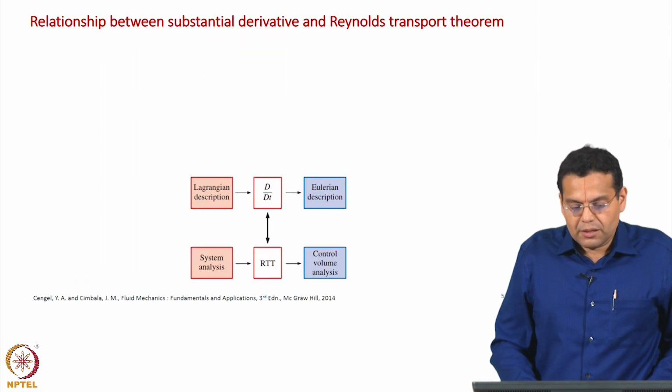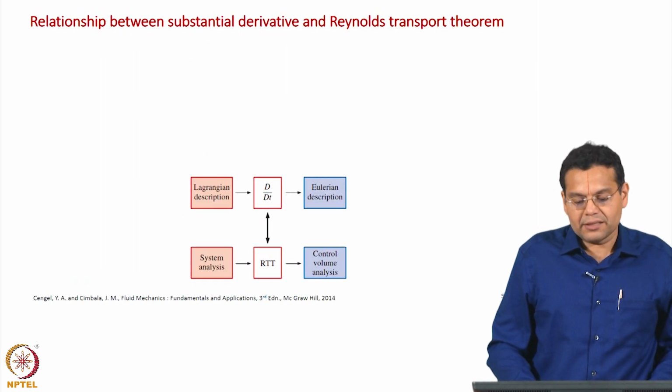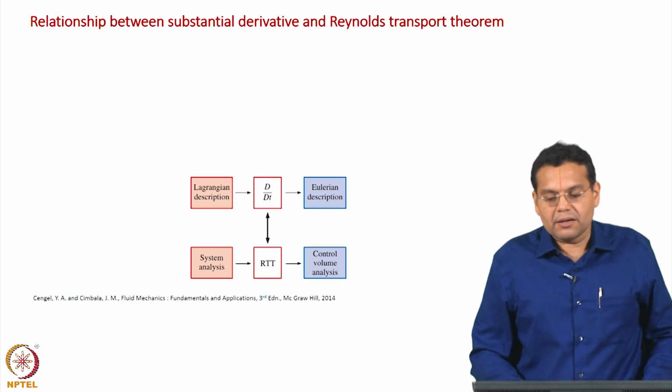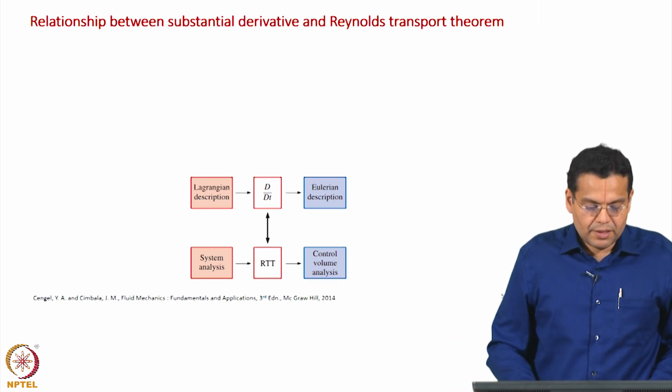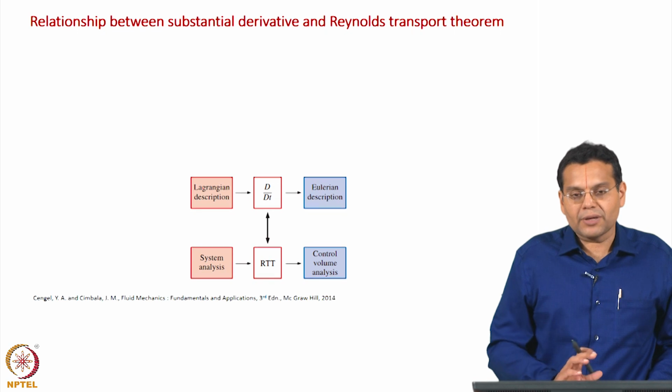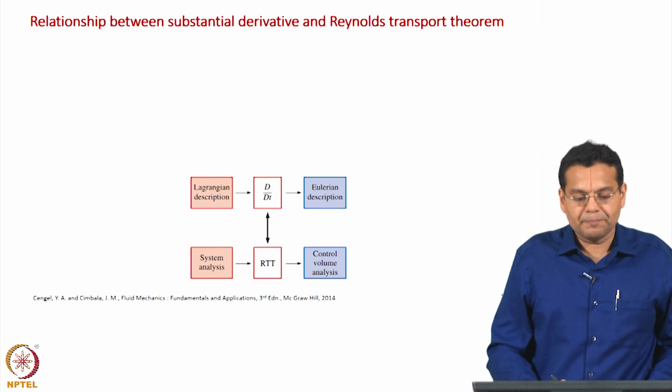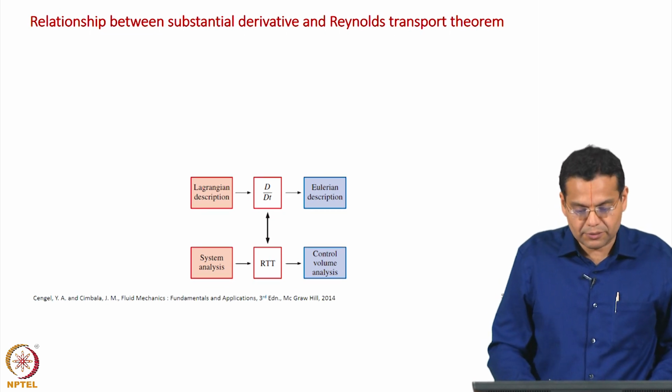Now, what we are going to discuss here is the relationship between the substantial derivative and the Reynolds transport theorem. We have discussed the substantial derivative a few classes earlier, and just now we have discussed the Reynolds transport theorem. There is a relationship between these two, and that is what we are going to discuss now.